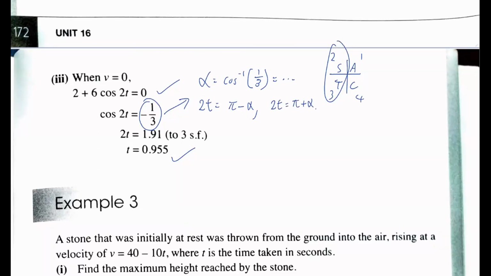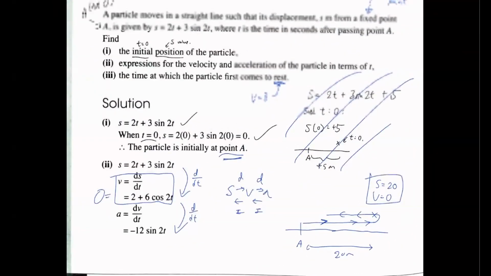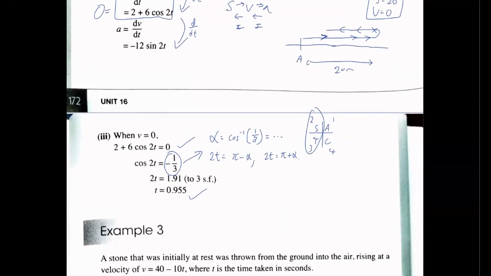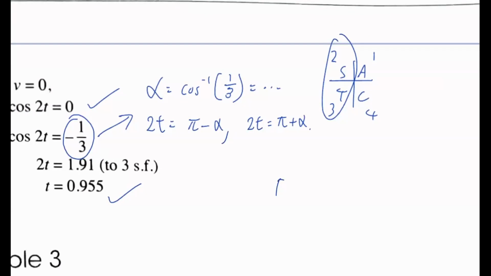Here one of them will be rejected. Which one is it? Here they are asking for a time when the particle first comes to rest. So now you have 2t equals pi minus alpha and pi plus alpha. Which one is the first comes to rest? The smaller or the bigger one?